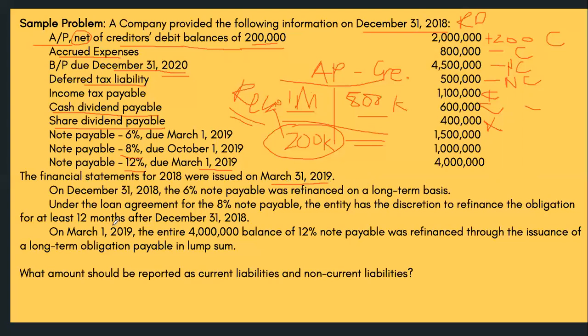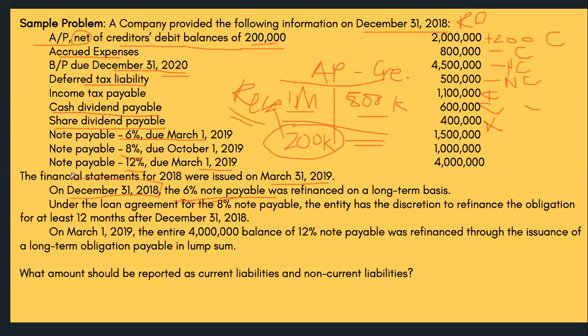On December 31, 2018, the 6% note payable, with an amount of 1,500,000, was refinanced on a long-term basis. Again, current versus non-current: we need to identify when it was refinanced to classify it. It was refinanced on December 31, 2018.